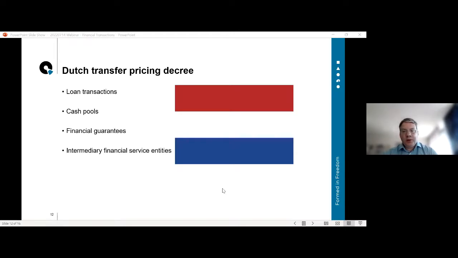A very important recent development for Dutch taxpayers is the recent publication of a new transfer pricing decree. The former decree dated back to April 2018, which was still before the release of the OECD discussion draft on financial transactions.